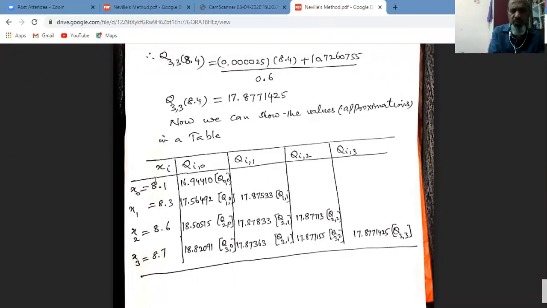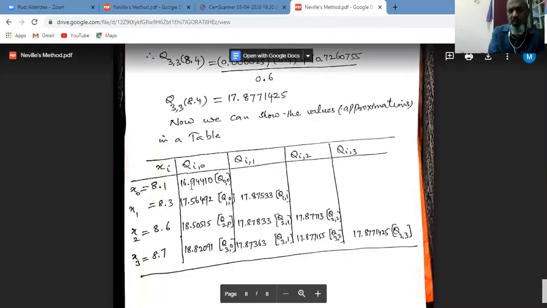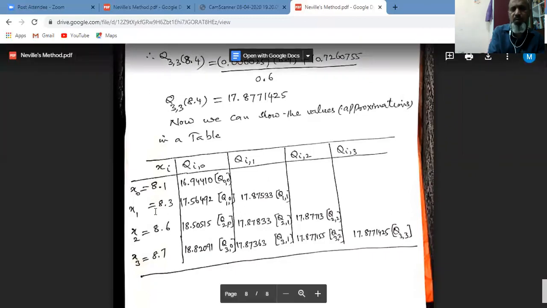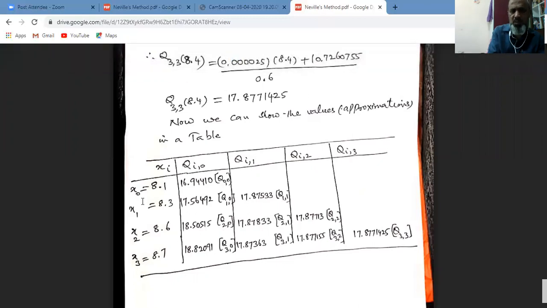Instead of 8.1, 8.3, 8.6, 8.7, some other values will be given, like 5, 5.2, 5.5, 5.6, and the y values will be different, 19.48, 20.56, etc. So this is x0, x1, x2, x3, and these values are Q00, Q10, Q20, Q30.